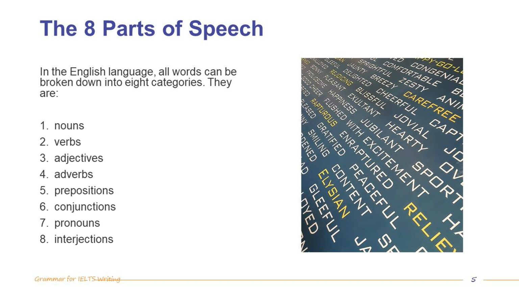Some people argue that articles, meaning a, an, or the, are a separate category called articles or determiners. However, you can include these as a sort of adjective. In most textbooks, they list 8 parts of speech, so that's what we will use here to avoid confusion. We will look at these in more depth after we ask an important question.